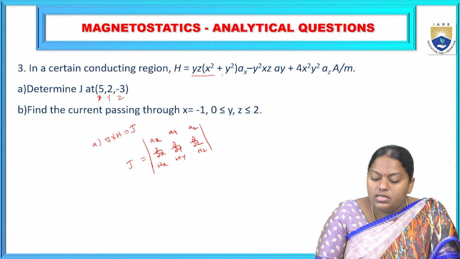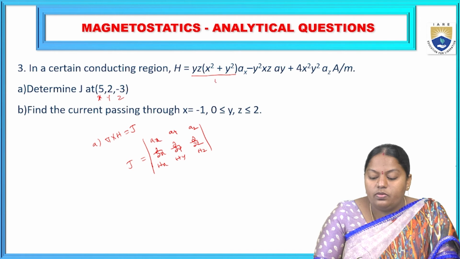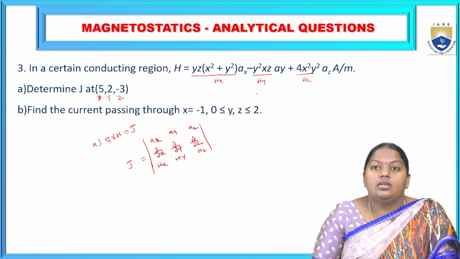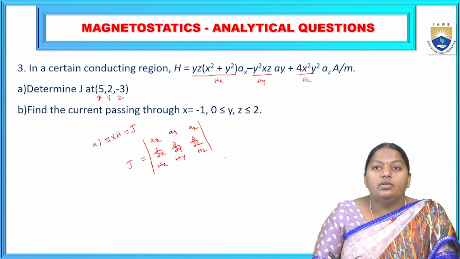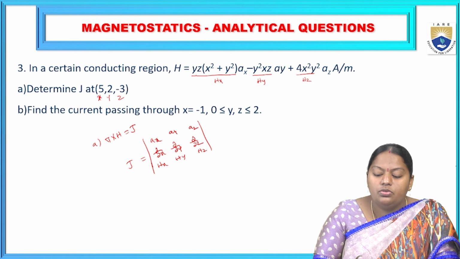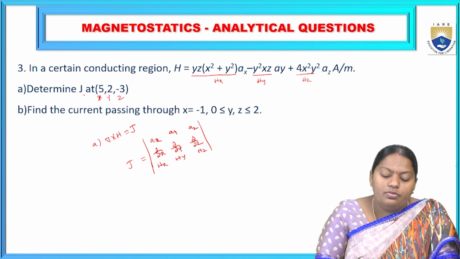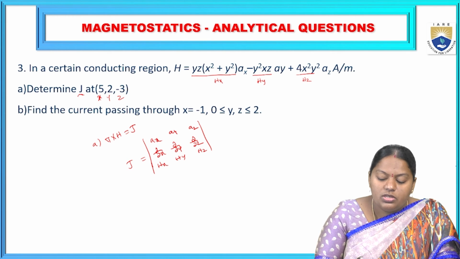Because Hx is given as yz times (x squared plus y squared), this is Hx, and minus y squared xz as Hy, and 4 x squared y squared as Hz. So substitute Hx, Hy, Hz by these three and expand this determinant, then you are going to get J in vector form. After getting the values, you substitute x, y, z by 5, 2, minus 3 to get the value of J. And J is measured in ampere per meter square.